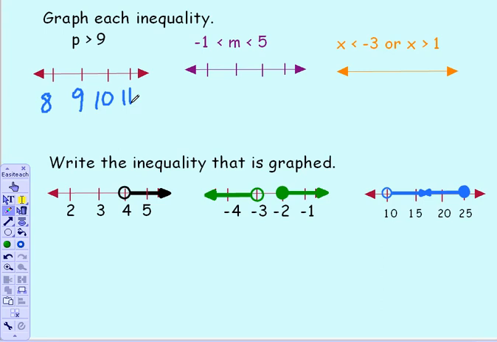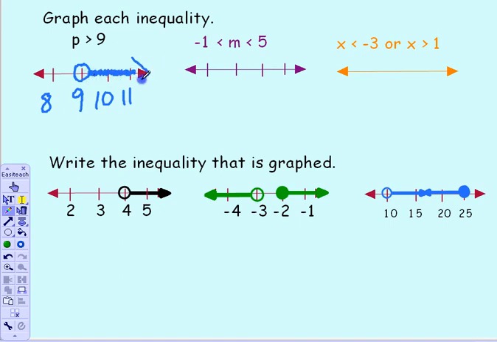So in this case, we have p is greater than 9. So I'm going to put an open circle on the 9 because it's not underlined. It's just greater than. So now I want to color in all the numbers that are greater than 9. So I'm going to color in this 11, 10, 10 and a half, maybe 9 and a half. All these numbers get colored in, all of these that are greater than 9.